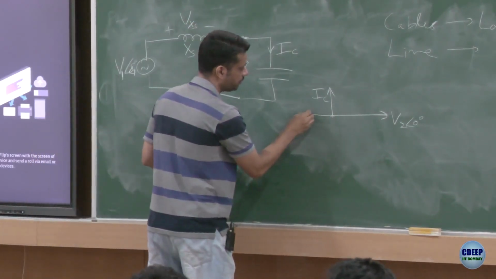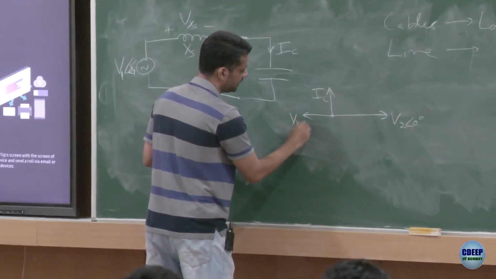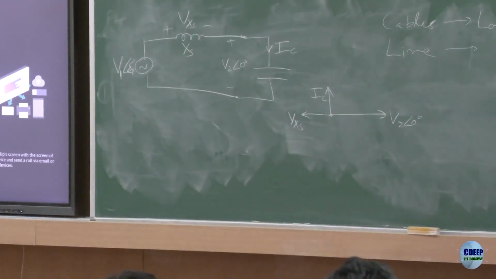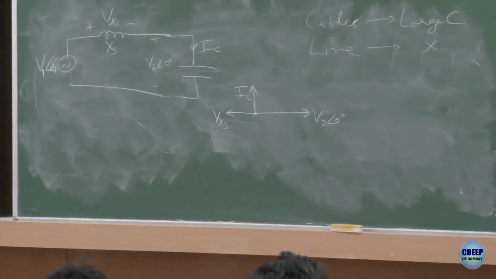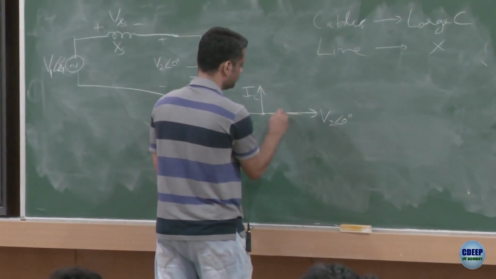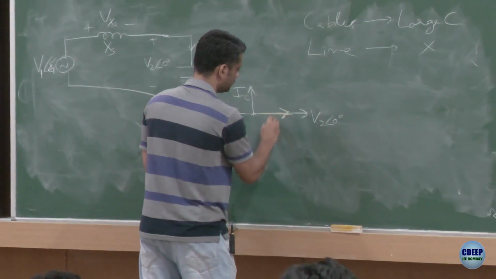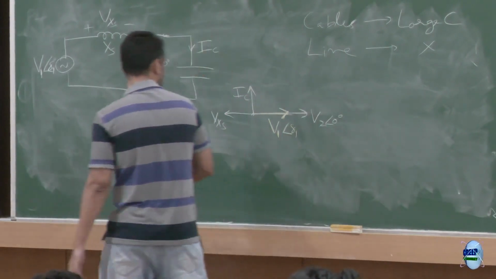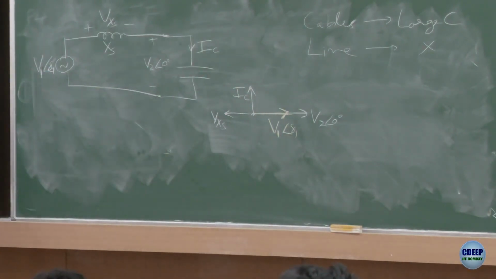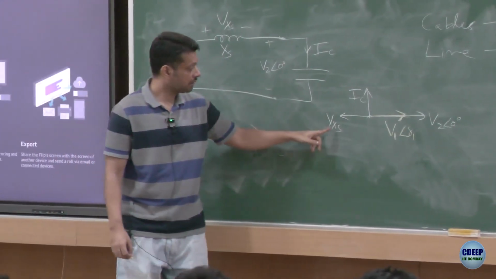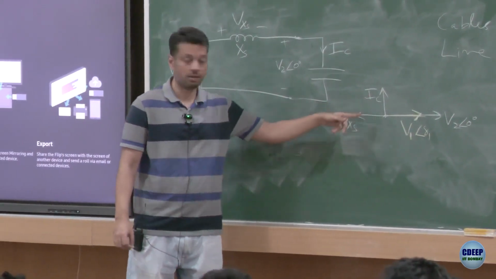So this is my V of Xs, and therefore my V1 is. Does this phasor diagram look okay? Inductor voltage is leading the current by 90 degrees. So Vxs is nothing but 90 degrees ahead of IC.